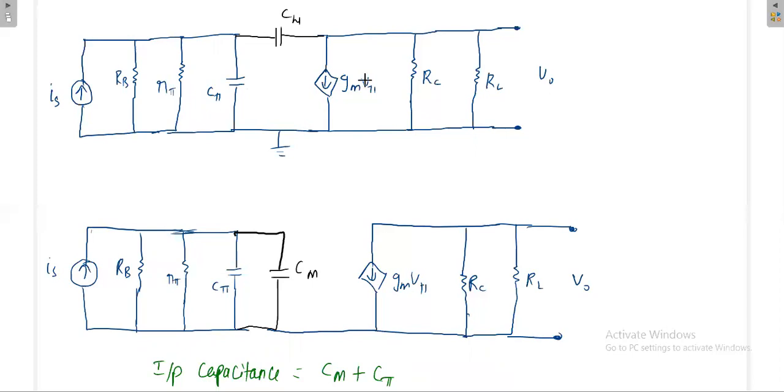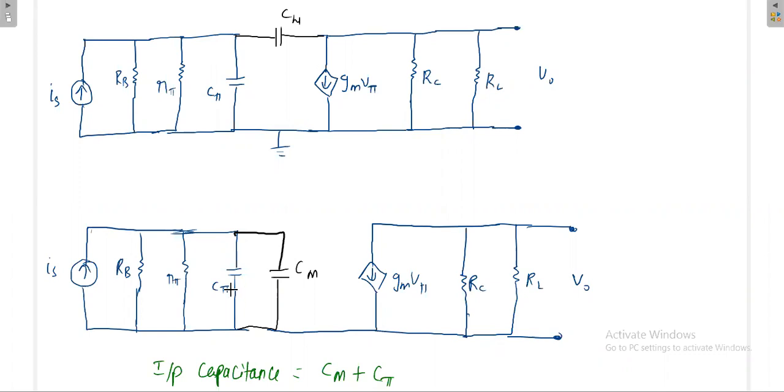GM V pi is the voltage dependent current source. RC is the collector resistance, RL is the load resistance, and C mu is the capacitance common between the input and output. Now this C mu is mapped as CM here.